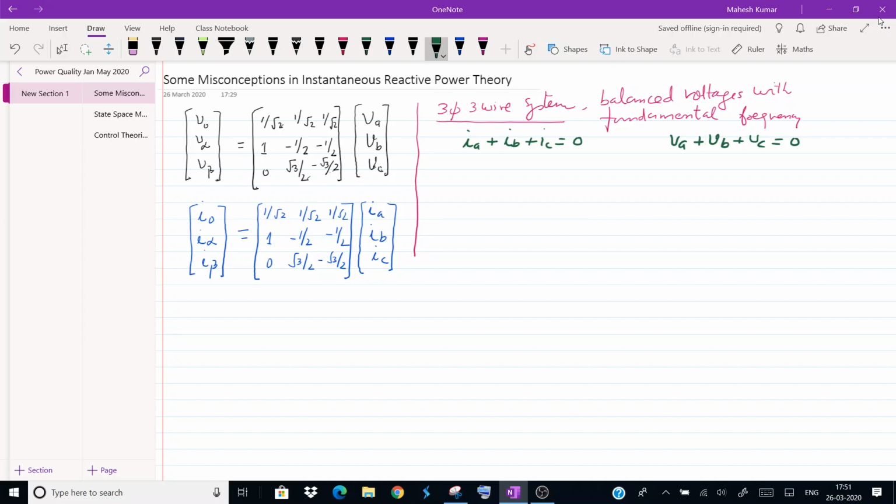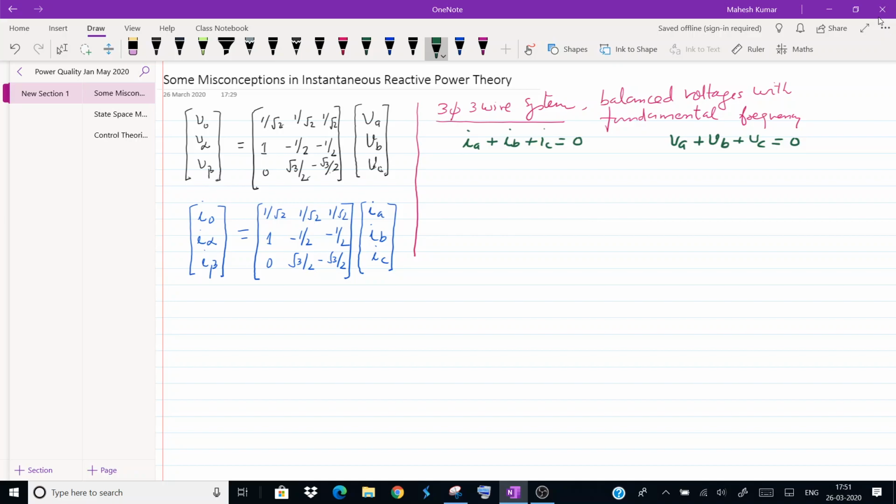So these two conditions show that one variable is dependent on the other two variables. So I can express IC in terms of IA and IB, and VC in terms of VA and VB. And hence the degree of freedom is basically 2.